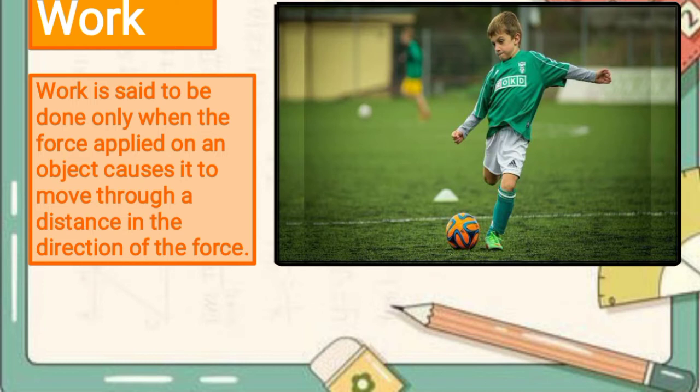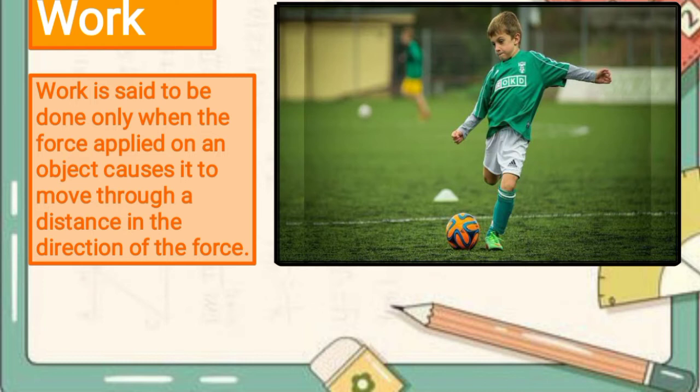Suppose when you kick a ball, you are applying force and that causes it to move. And this is considered as work because force is being applied to the football to make it move. So activities such as reading, sleeping and thinking are not considered as work in science.